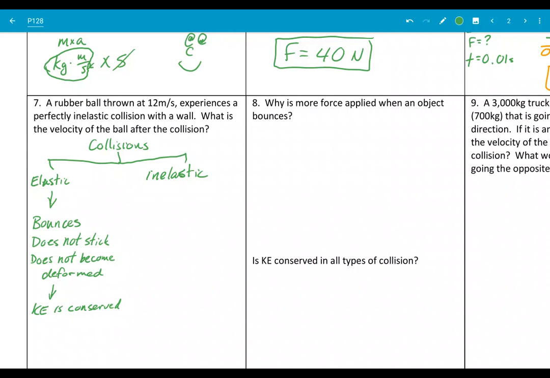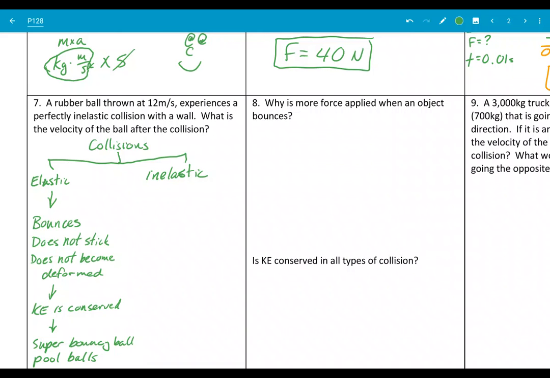Okay, and they don't stick together. Examples of this: super bouncy ball, right? Or even pool balls, right? Billiard balls are very elastic in the way that they bounce off of each other. Okay, and they don't stick. They are not permanently deformed. They just strike and bounce away.